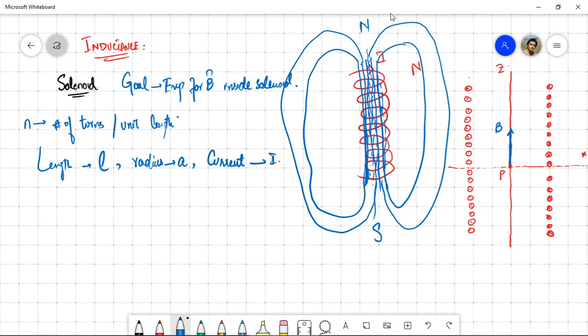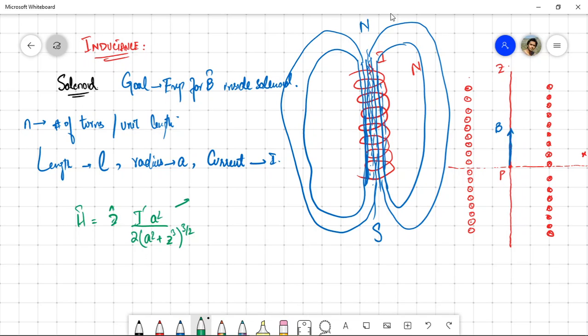For that, first of all, we'll write the expression for a single circular loop, and the expression that we derived was H equals z hat I a squared divided by 2 times (a squared plus z squared) raised to the power 3 by 2.